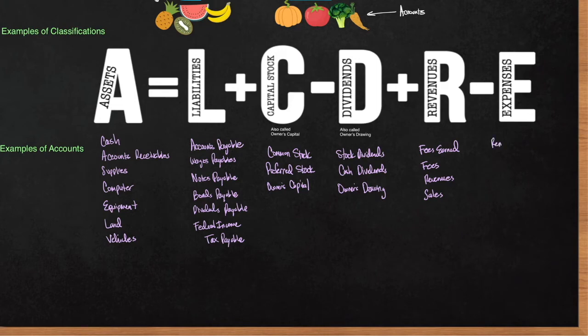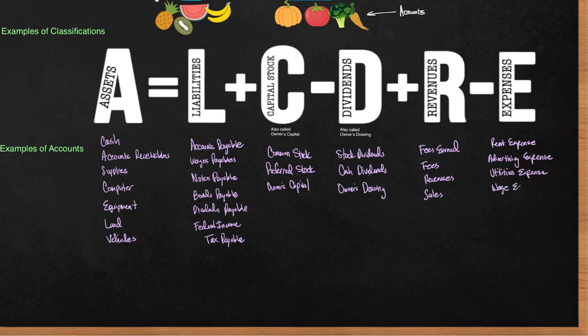When we get into merchandising business or merchandiser, the revenue account there is sales. Lastly, we have expenses, and expenses has the longest list of accounts, and there's a hint that it's an expense account, because the account name will end with the word expense.